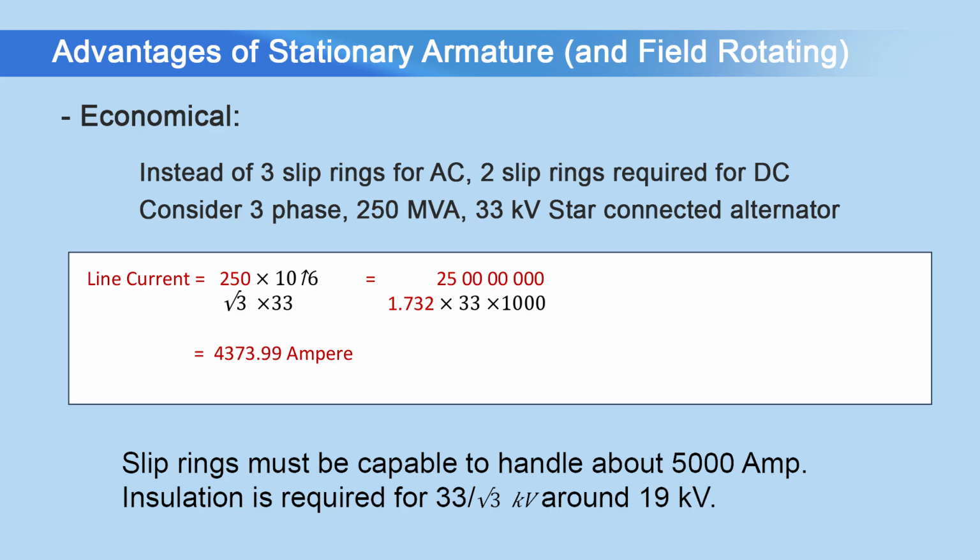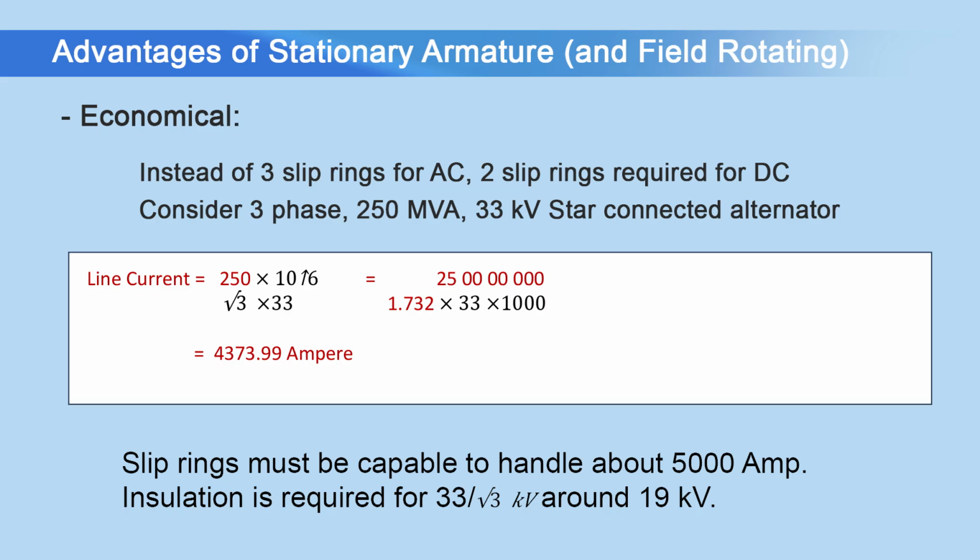Generally, the alternator may work on some overloading also. So, about 5000 ampere, this is the rating of the slip ring, this much current one slip ring has to handle. 5000 ampere, just imagine. And we have very limited space on the shaft.